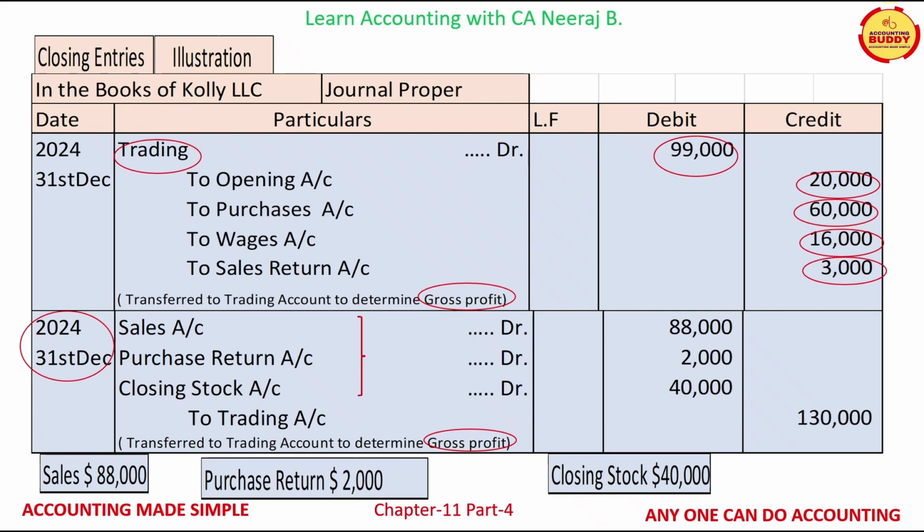All the income nominal accounts with credit balance will be debited to make their final closing balance as nil. Sales accounts will be debited by $88,000, purchase return account by $2,000 and closing stock account by $40,000. The second part of the entry will be passed by crediting trading account for $130,000.